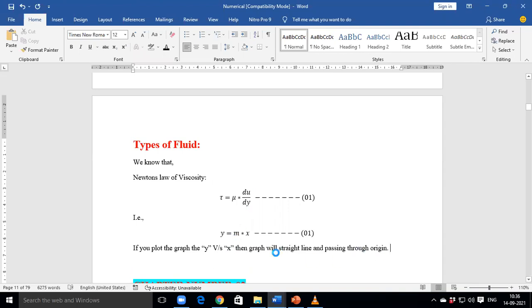Similarly, if we plot the graph of y versus x, then the graph will be a straight line passing through the origin.